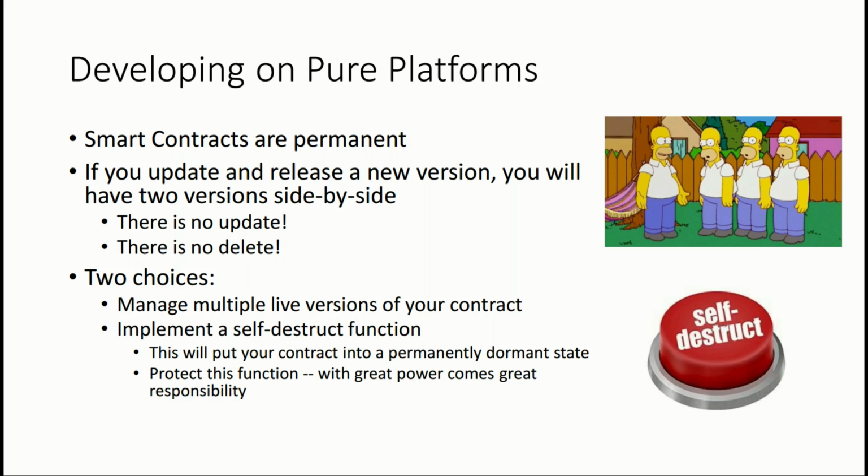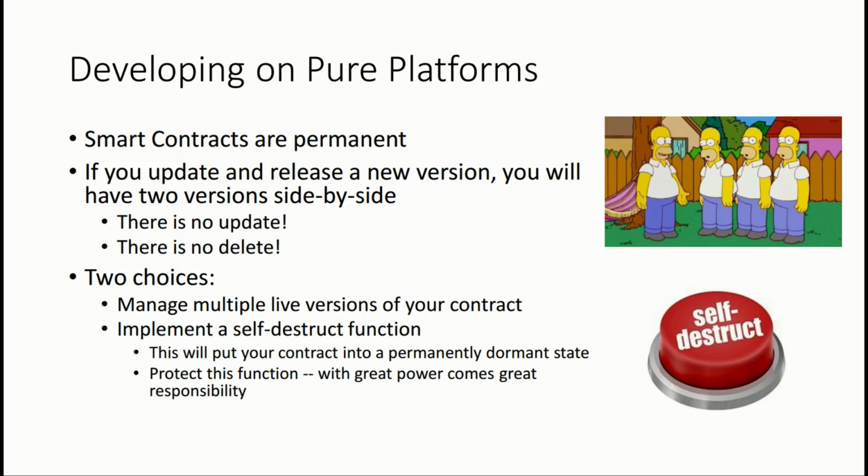And that is because unlike traditional software development, unlike software development in the modern age, if you go and you update your code, you cannot update what is already in place. You cannot delete what is already in place and then replace it with your newer version. Remember, on a pure blockchain platform, there is no update.